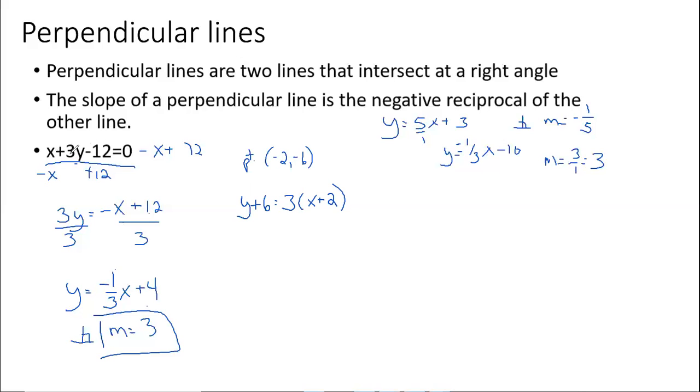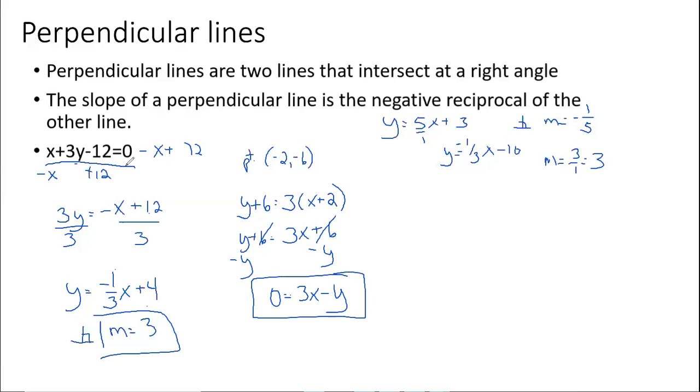So in this example, we're going to go back to our standard form, where we have everything on one side. So this is y plus 6 equals, distribute this 3, 3x plus 6. We have 6 on both sides, we can cross those off, and we're going to subtract a y. So we get 0 is equal to 3x minus y.